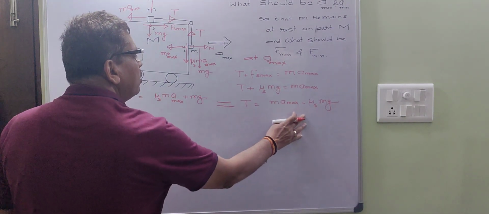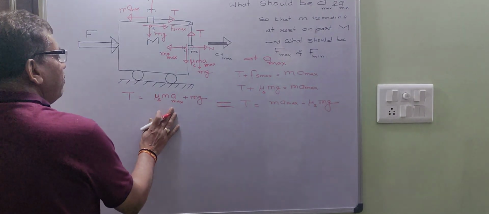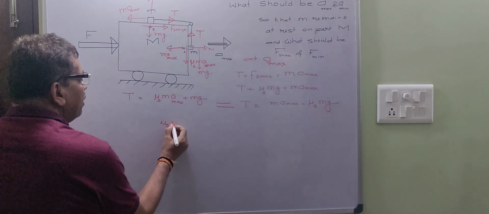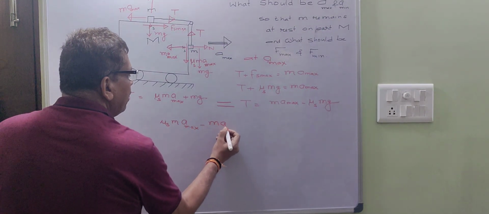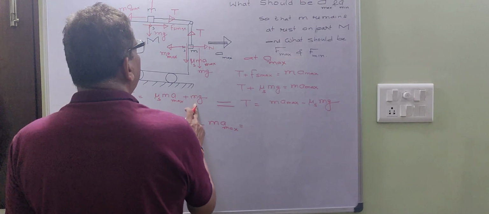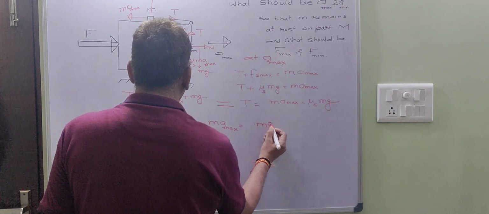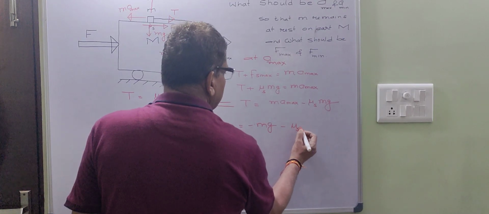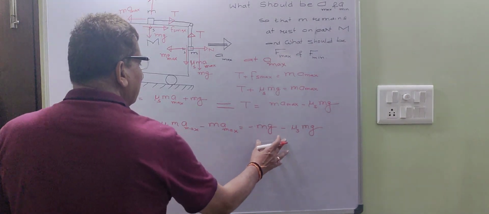From this, if I take A max on the left hand side, I will write mu s M A max minus m A max is equal to mg minus mg minus mu s mg. Is it clear? I can take this minus sign outside.